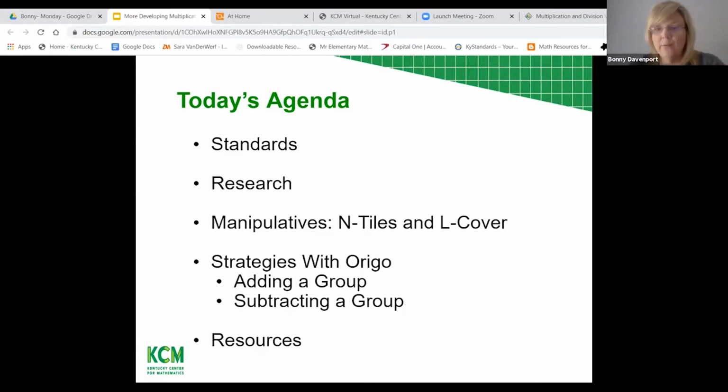I have an L cover for you and an array model, and I'm going to be explaining more about that in just a moment. And then the strategies with Origo, adding a group and subtracting a group. We're going to go to that website and look at the great games and things that they have on there. I also have a game focusing on adding a group and subtracting a group from Origo and resources.